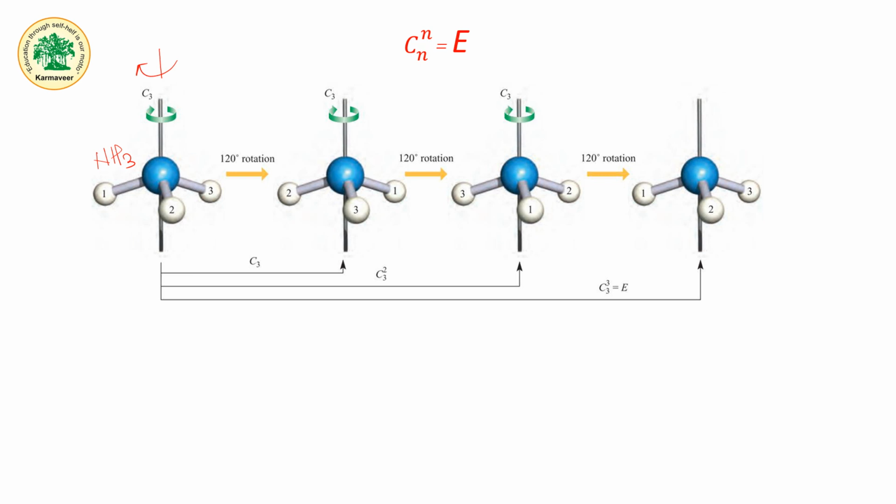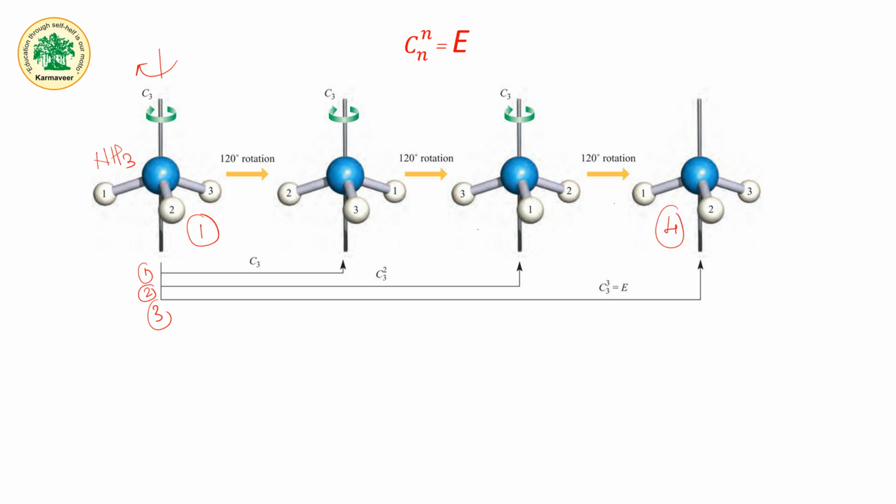A second rotation in the same clockwise direction will result in the next C3 operation, and a third rotation in the same direction will result in C3 cubed. If you notice carefully, the hydrogens which are rotating by each operation, object number 1 and object number 4 are equal.